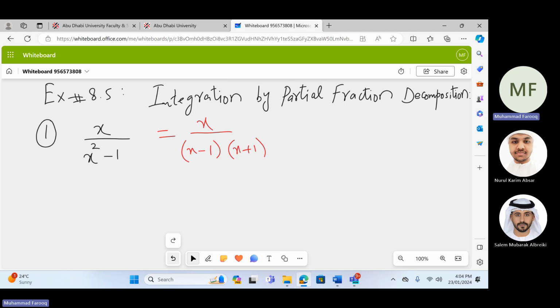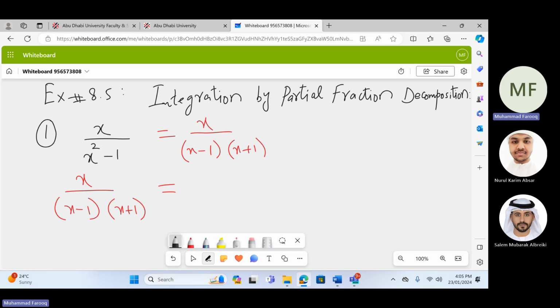Good. Now, what is the first case? The first case is that the factors are linear. So how do you write the decomposition? Please write this. If the factors are linear, we use only one constant, and we start with capital A, B, C, D, like that.